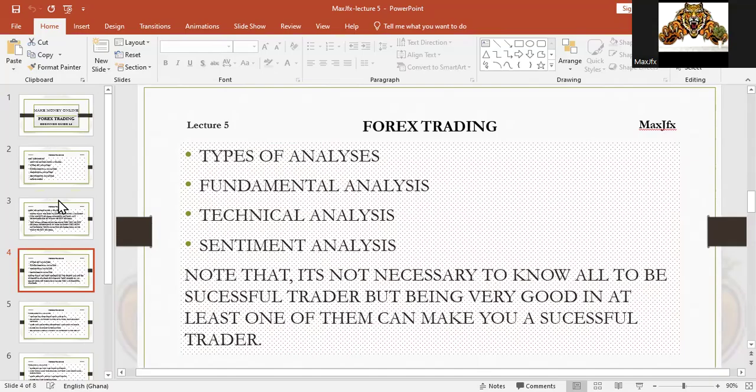The technical analysis is using the tools you have on your trading platform to predict the next price movement of the market, which is basically using the demand and supply levels and also the trend of the market. The sentiment analysis basically talks about what people are saying in the market.